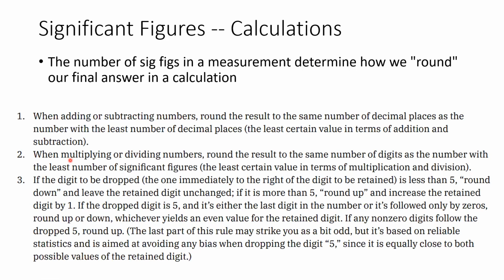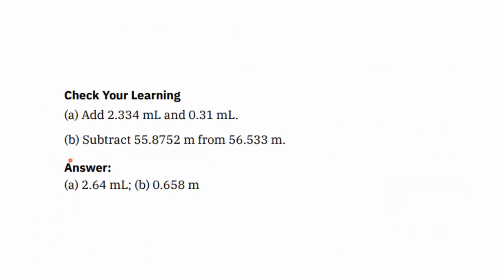Round to the same number of digits as the number with the least number of significant figures. So in this case, it doesn't matter if it's before or after the decimal. We're just going to round our final answer in a way that makes it have the same number of significant figures as whatever value in that calculation had the least. And we'll see a few examples of that.